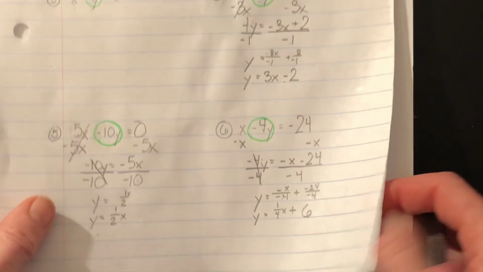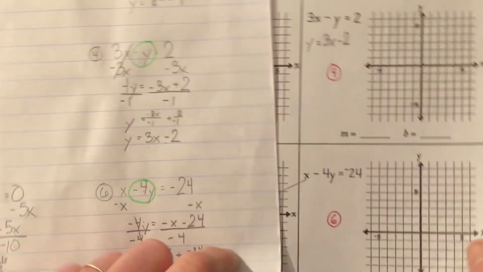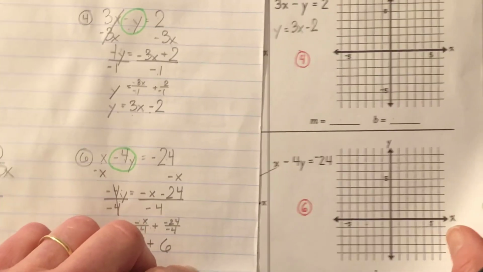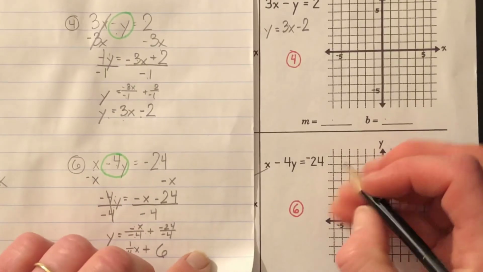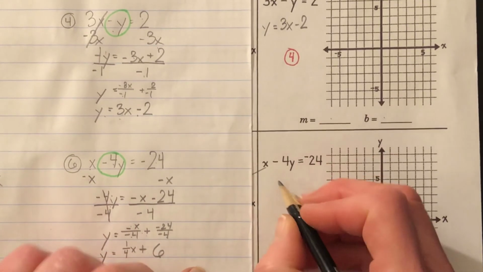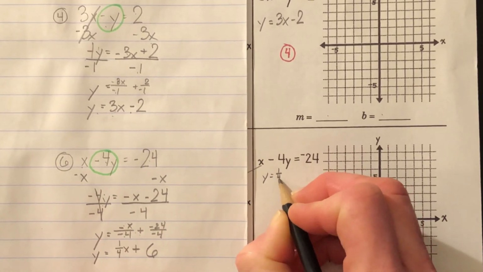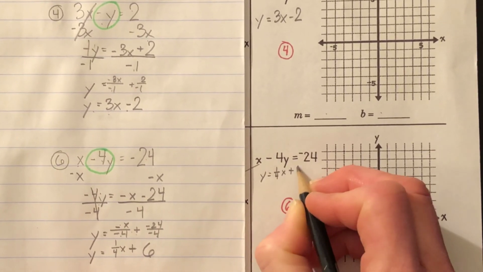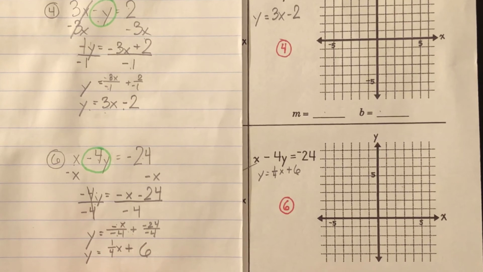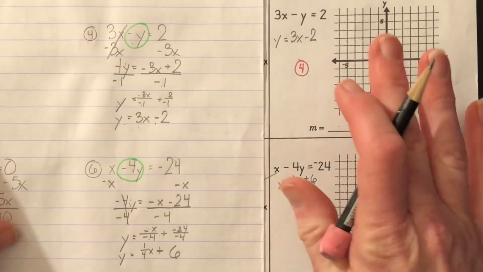We'll take this and write it under your original equation. Y equals 1/4 x plus 6. You write the slope and the y-intercept and draw the line.